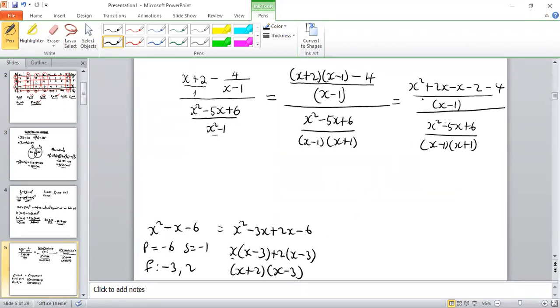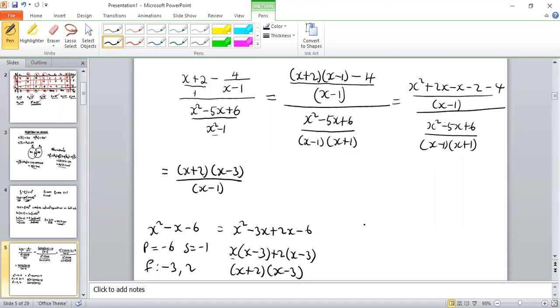That's the numerator. So the whole numerator can be written as x plus 2, x minus 3 over x minus 1. Now let's deal with the denominator here.